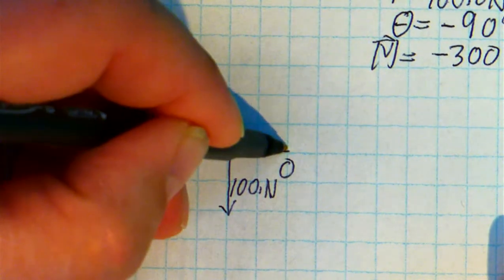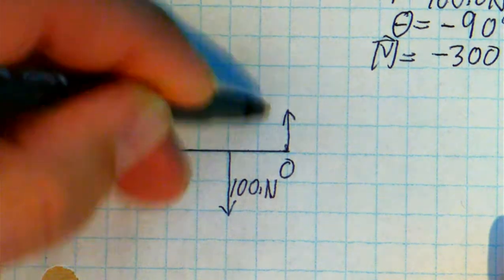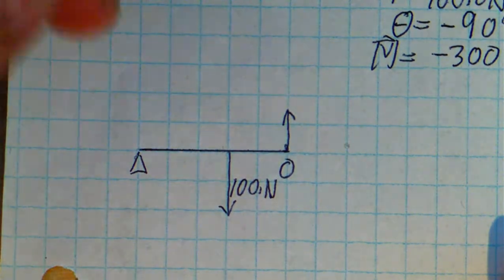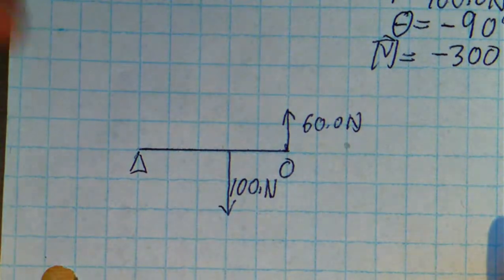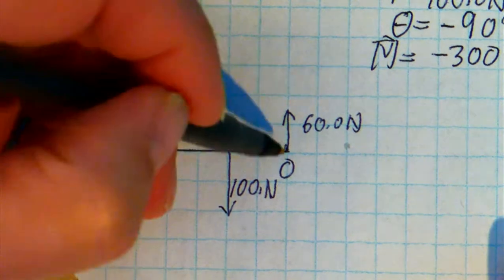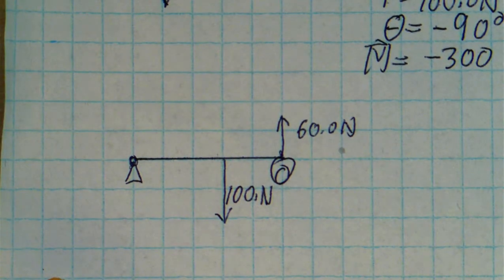And now I know that the reaction force is, and this is not to any real scale, 60 newtons pushing upward on the beam at the location of the roller. Of course, I'm not done, but I at least have one reaction force now.